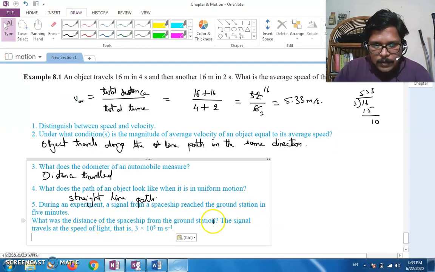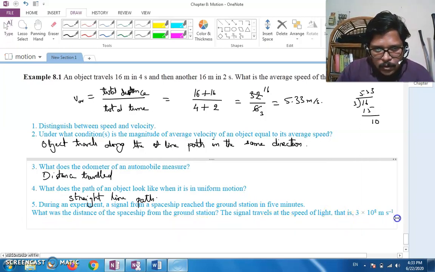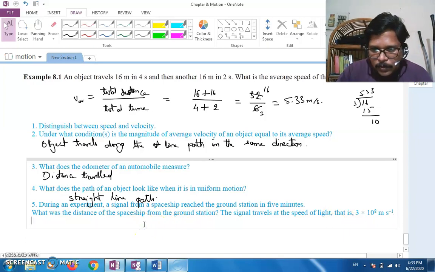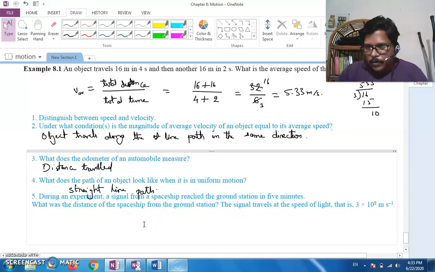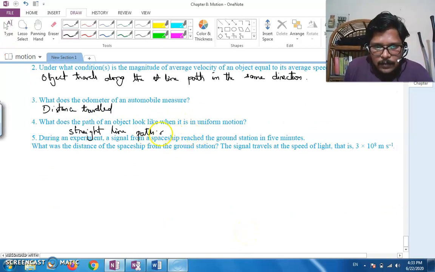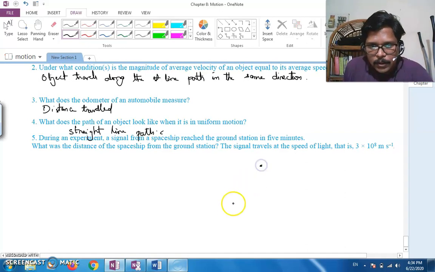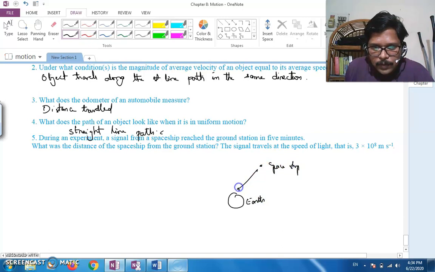During an experiment, a signal from a spaceship has reached the ground station. You need to find the distance of the spaceship from the ground station. Here I'm going to put the question and the solution in front of you. Now that's the spaceship, and you have here the Earth, and you need to find this distance.